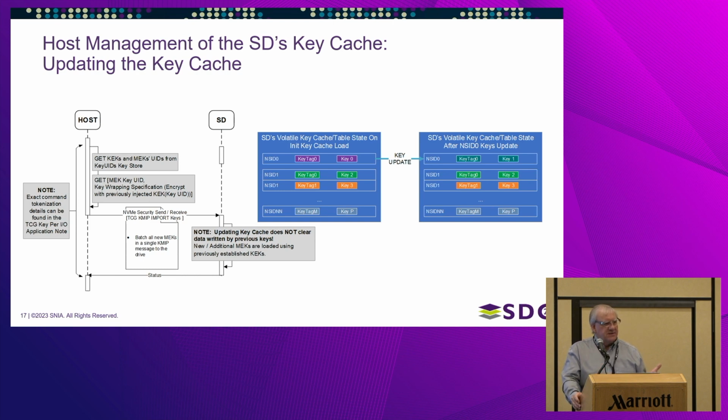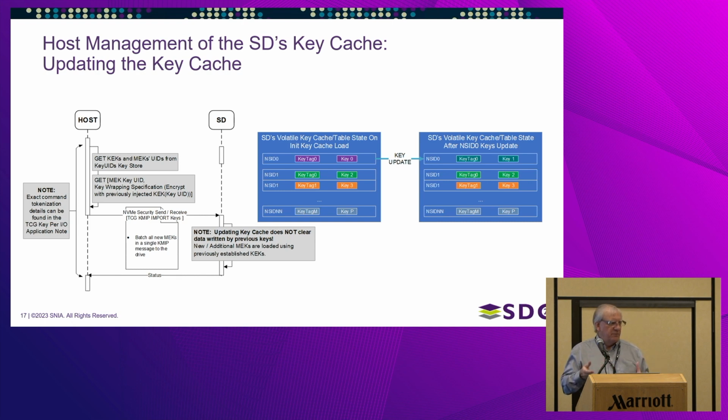And that's one of the things as a drive manufacturer: how big does that key cache need to be? Because of the nature of that cache, it needs to be relatively fast. It's volatile, so that's one of the interesting issues. If you were going to do this, how big should that cache be?